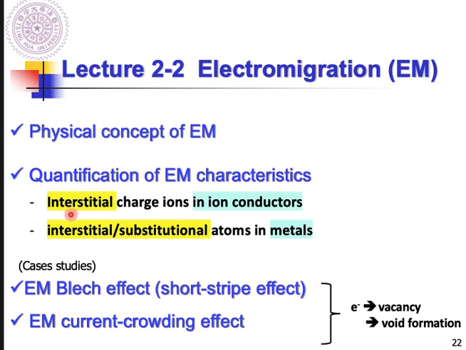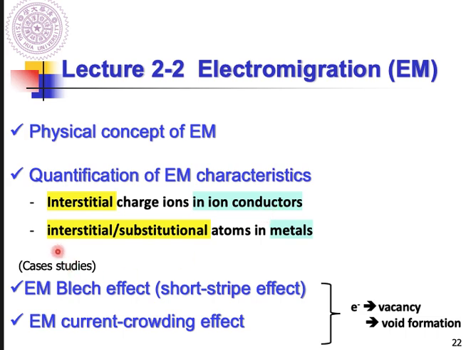The first one we are going to talk about is the interstitial charged ions in ionic materials, which means we are going to have some dopant at the interstitial site, and this dopant will be an ion. So we dope some charged ion at the interstitial site in ionic materials.